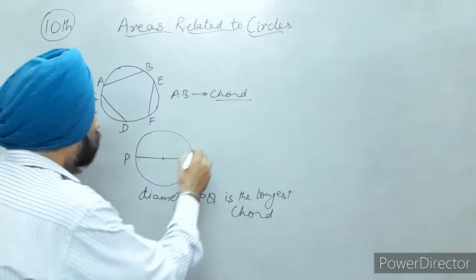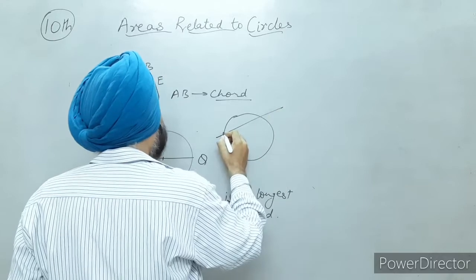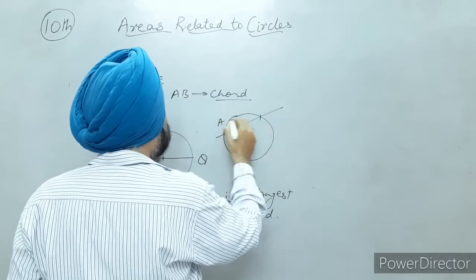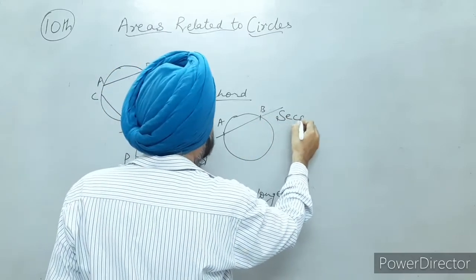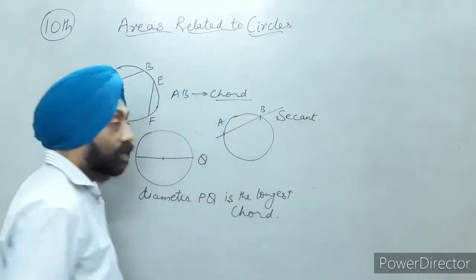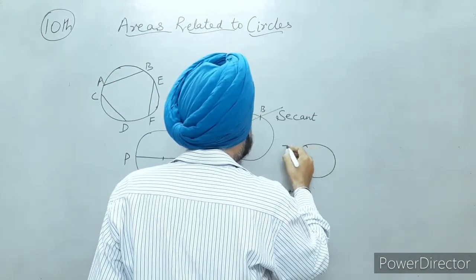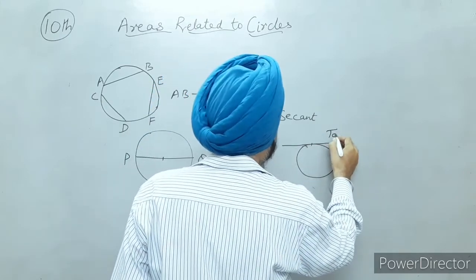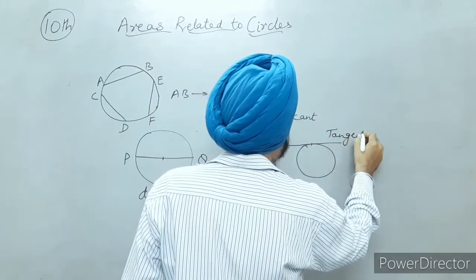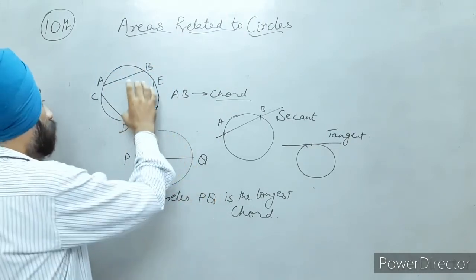Right? Now, if it is like this, a line which cuts the circle at 2 points, it is called secant, right? Now, if a line touches the circle at a single point, then this is called a tangent, right? How we define a chord?